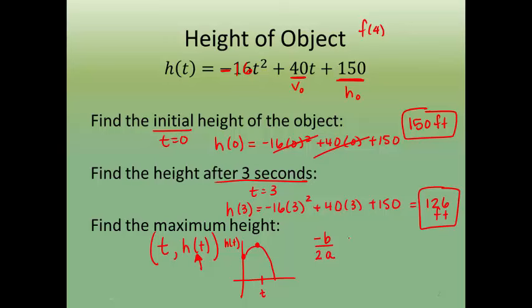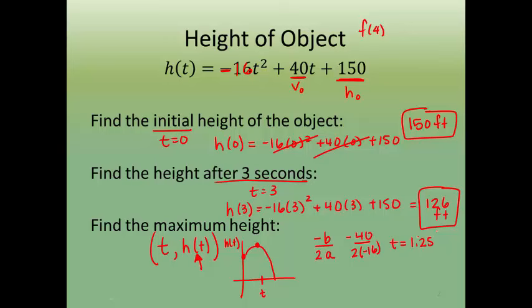So let's go ahead and try that. Negative 40 over 2 times negative 16. Negative 40 divided by negative 32 gives me a positive. Time equals 1.25. And I can never round here. I have to use the entire time value or I won't be getting an accurate height.